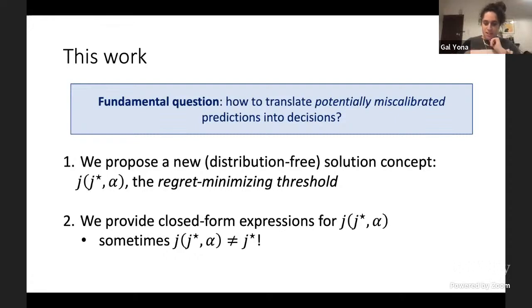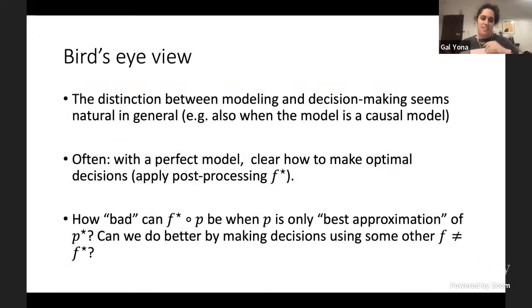Okay, so before I delve into these exciting details, I want to give a bird's eye view of where I see these types of questions and how they relate to concepts in causality. The starting point for me, and partly why I'm excited about this line of research, is that this distinction between modeling and decision-making is very fundamental.